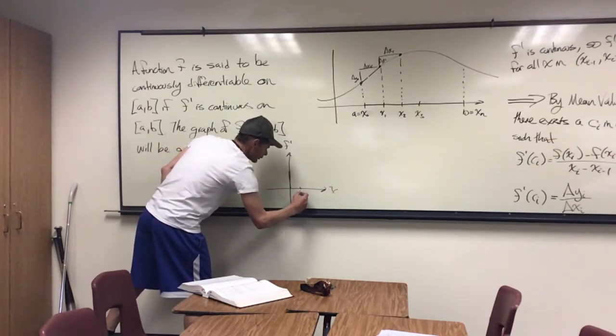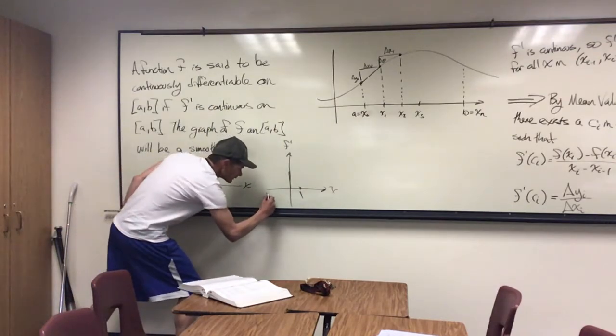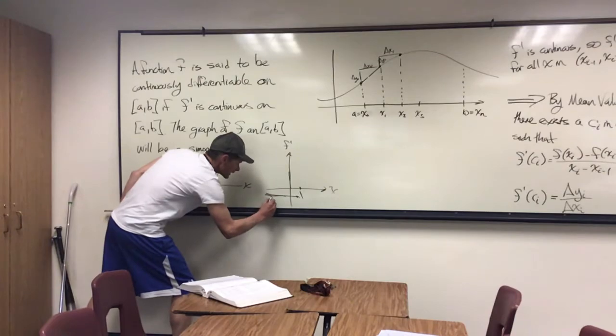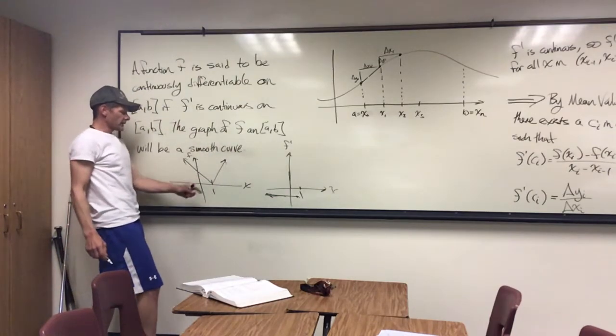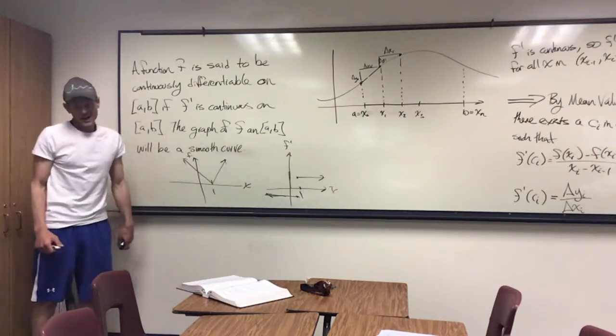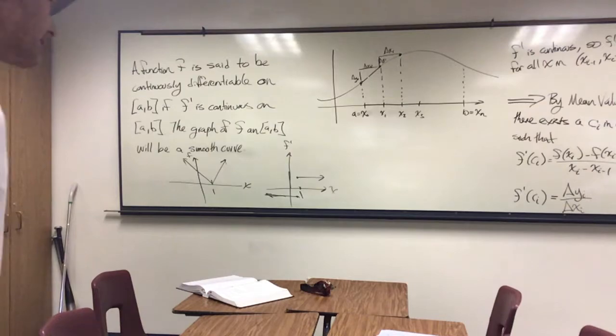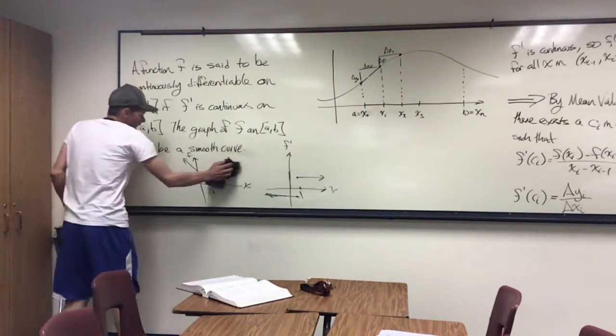Well, what is the slope to the left of x equals 1? It's minus 1. And the slope to the right of x equals 1 is positive 1, right? That function is not continuous there. Or the derivative is not continuous on the interval, and therefore it's not a smooth curve, right?